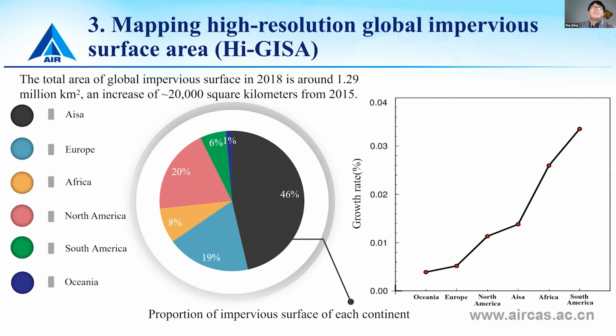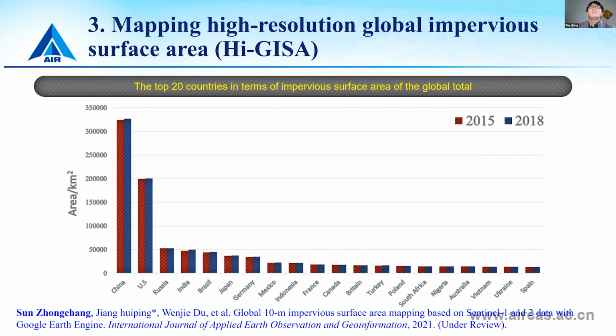And also we show the top 20 countries in terms of impervious surface area of the global total. The top 3 are China, US, Russia, followed by India, Brazil.